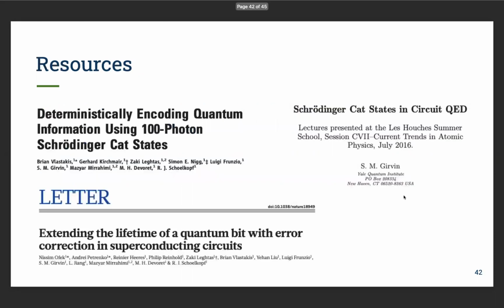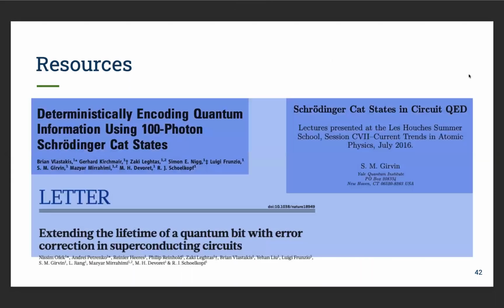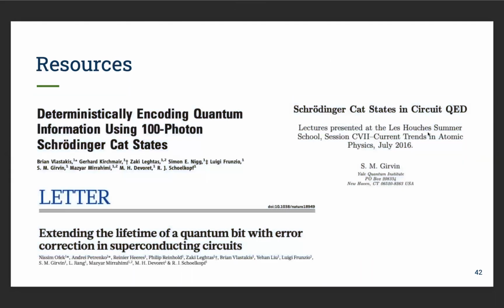If you're interested in reading more about this, these lecture series are really great. And on the top left is the paper that I was pulling all the plots from and talking about mostly today. But this was from about 10 years ago. So they've actually gone forward and done actual error correction with cat states, which I think is along the lines of what you were asking about. They have new publications that have come out since that better describe how you can actually use these for error correction.